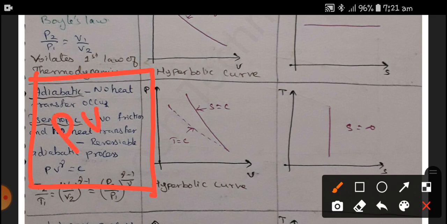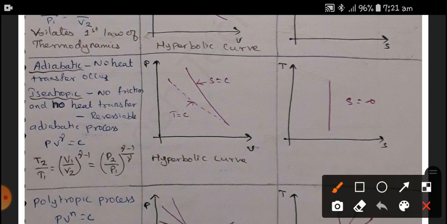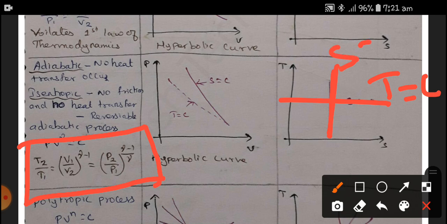Here PV to the power gamma is equal to constant. And similarly, the relationship between P, V and T has been given here. In the TS diagram, S is equal to constant, whereas in the constant temperature process, T is equal to constant.